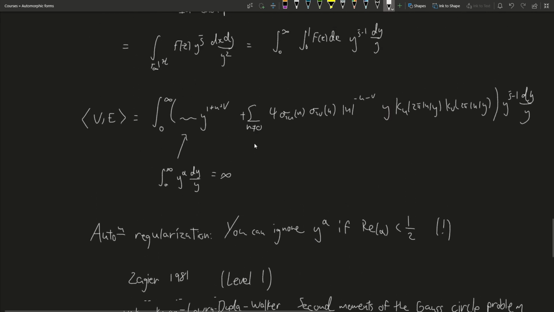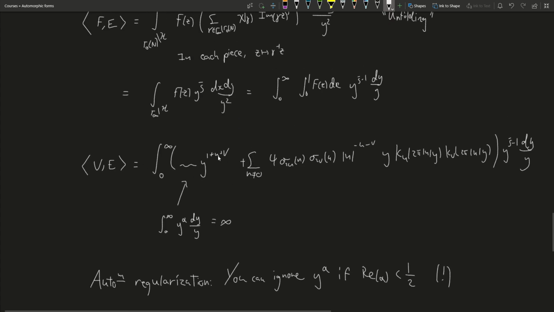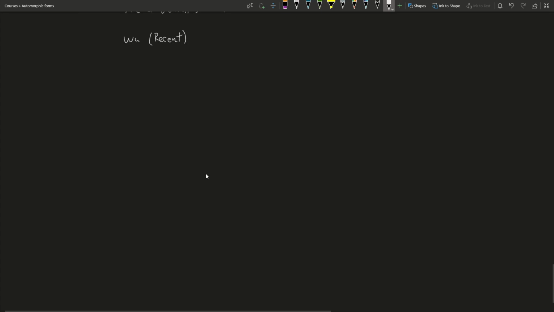But in this case, this is going to give us a way to evaluate this. So we're going to define this function R(z), and we're going to take it to be, let me see if I have it in my notes, something times E(z, 1 plus u plus v, chi psi).